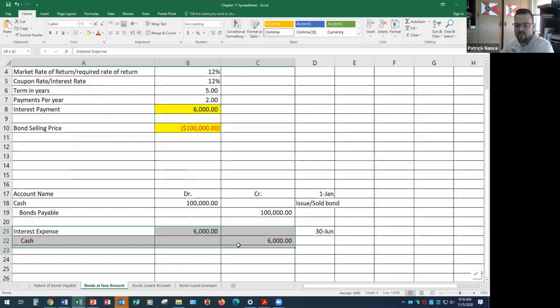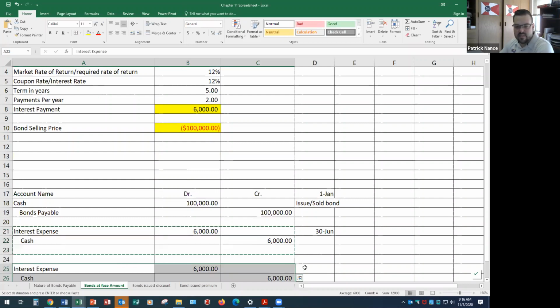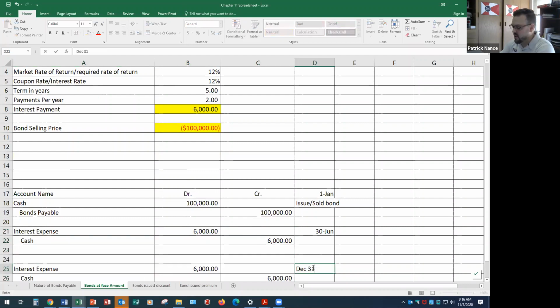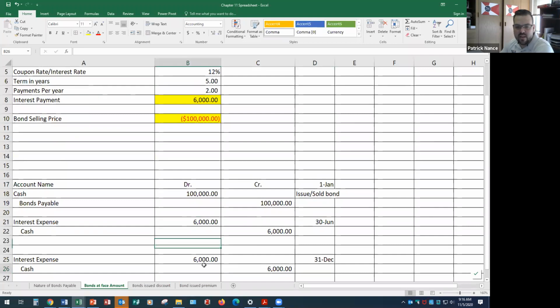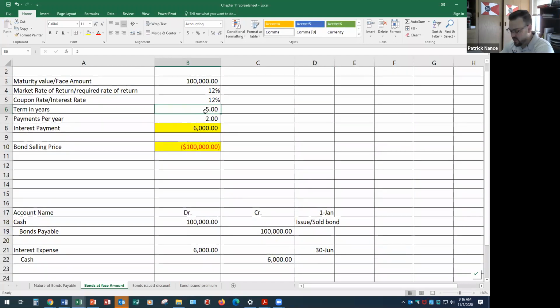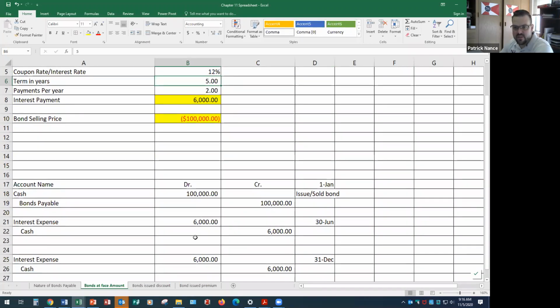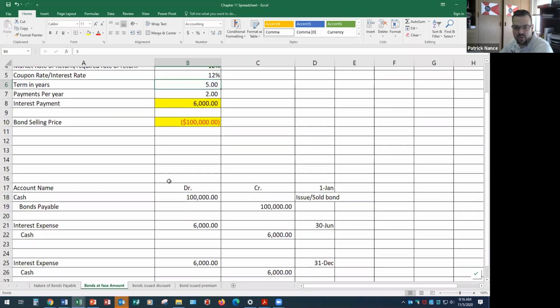I would have the same entry on December 31st, and I would have that same entry twice a year, every year for the next 5 years. So I would be paying $6,000 every 6 months to the bondholders, whoever's holding this bond.